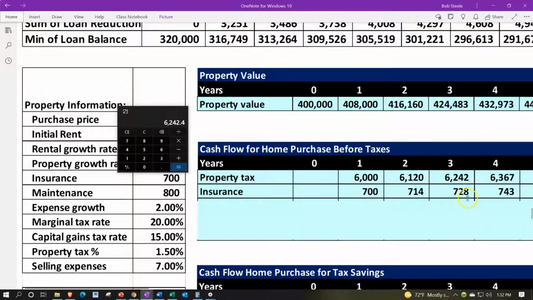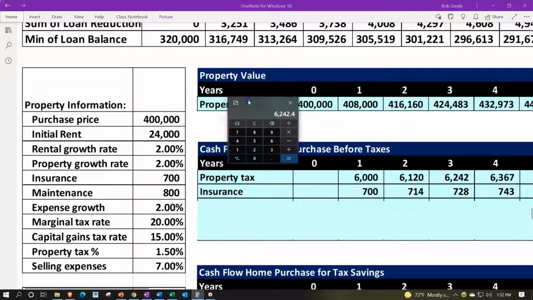And then we have the insurance, started off at the $700 for year 1. We're going to have to pay for insurance increasing with, in essence, inflation, which we are assuming to be 2%. So if it's $700 in the first year, 700 times 1.02, 102%, it's going to be 714, times 1.02 is going to be that 728.